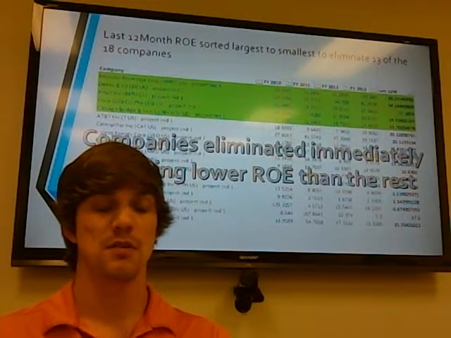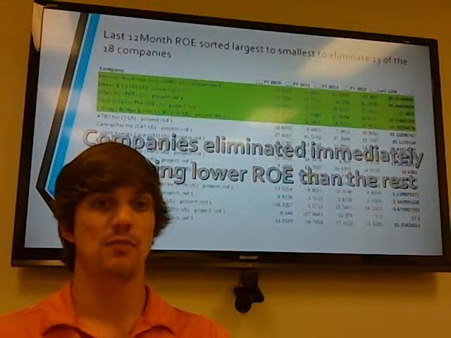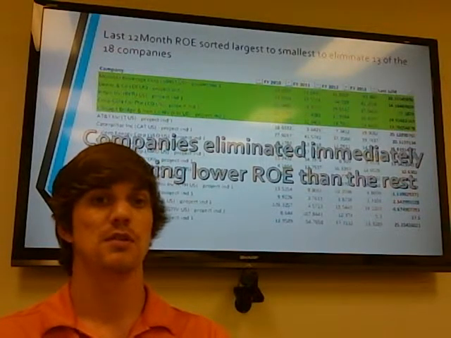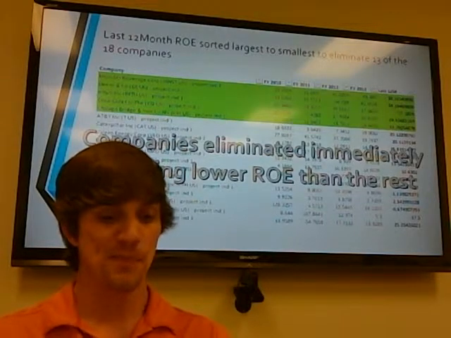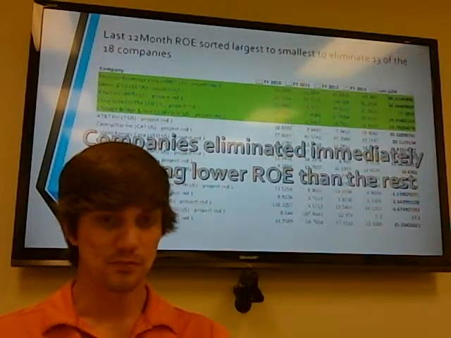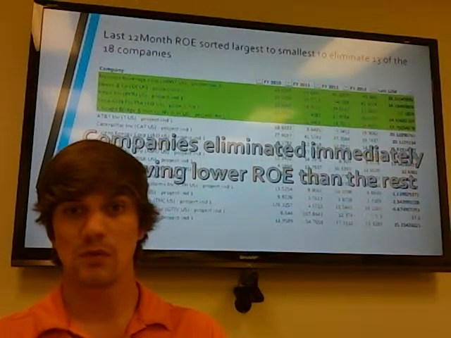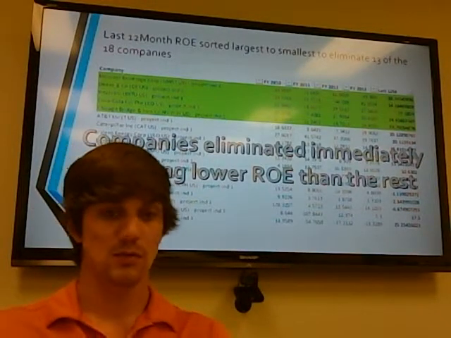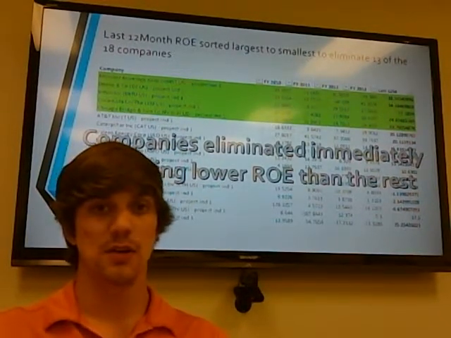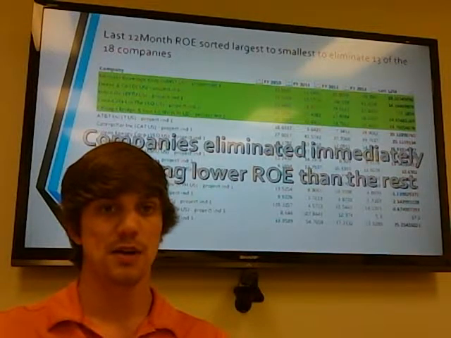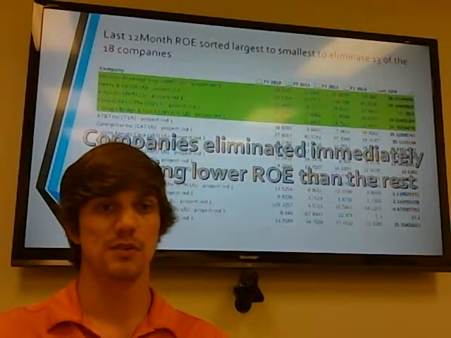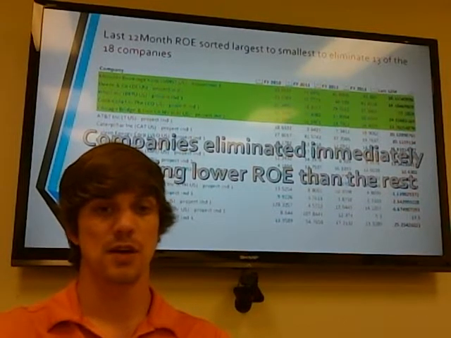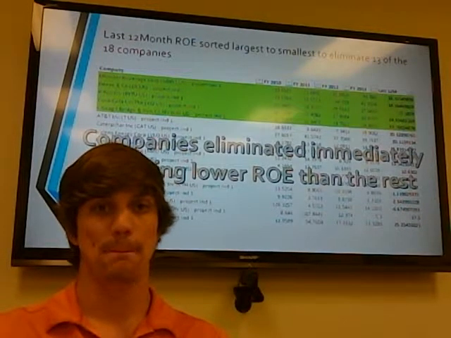As you can see, the top 5 being Monster Beverage, Deere & Company, Intuit, Coca-Cola, and CB&I, or Chicago Bridge and Iron. Okay. Let's move right into Monster Beverage Company in more detail, and then I'll move into the other top 5 companies.